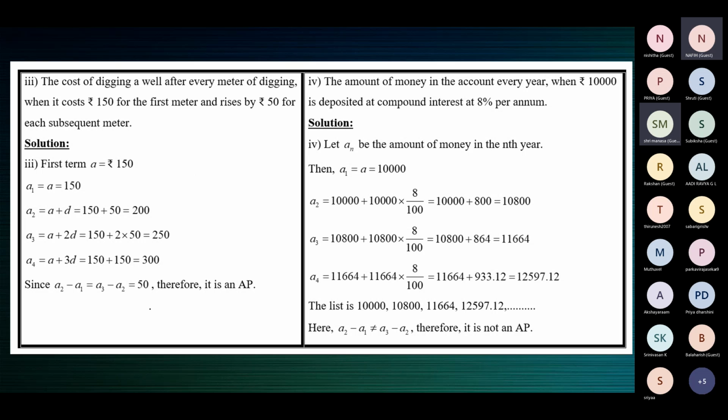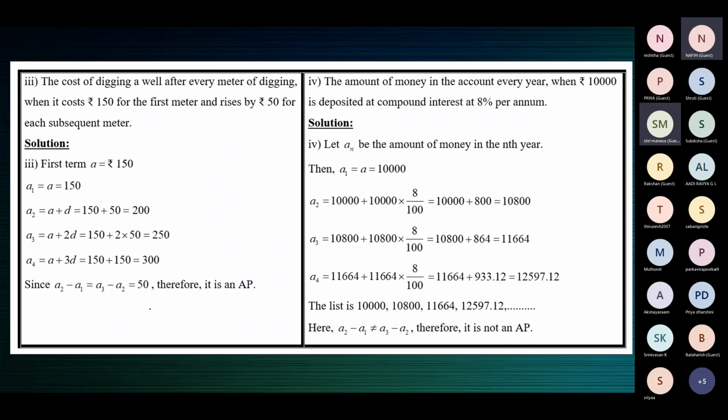The amount of money in the account every year when rupees 10,000 is deposited at compound interest at 8% per annum. So what are the numbers in the sequence? The amount of money in the account every year. The money in my account at the beginning of this year will be the first term.